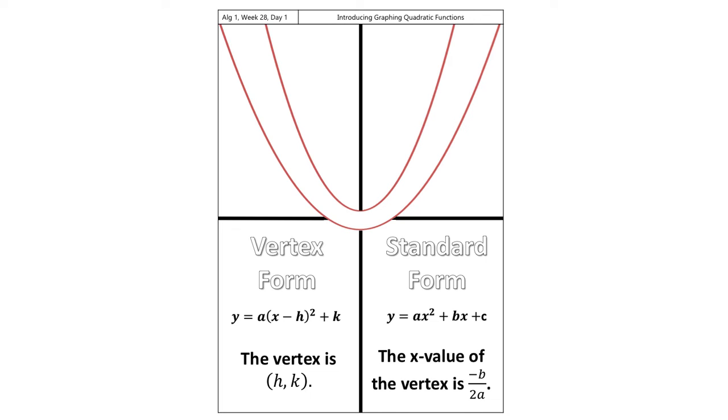Even if you're going to make a table of values, it's still best to think about what the vertex is first so that you know what numbers you should pick for the rest of your table. Because if the vertex is over at like 5 and you start your table of values at 0, it's going to take a while before you can see the parabola pattern. So that's what is neat about vertex form.